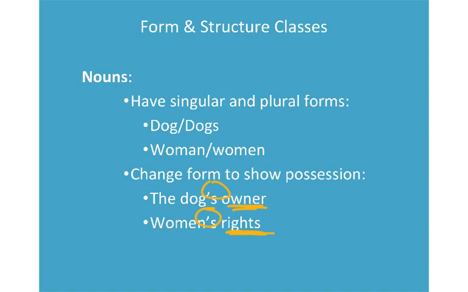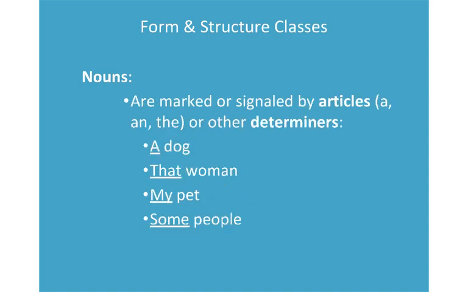So that's possessive. Nouns are marked or signaled by articles like a, an, or the, or other determiners. So here's an example of an article, a dog, but here are some other ways to indicate that there is going to be a noun coming next. That, my, and some can come before a noun and also signal that there is a noun coming up.